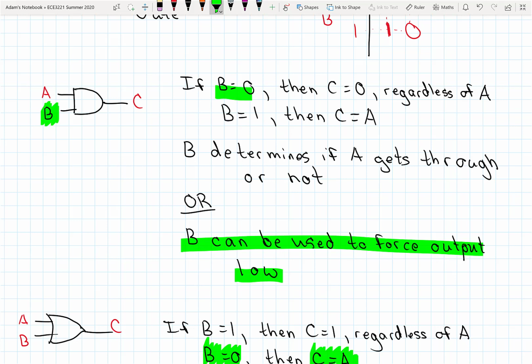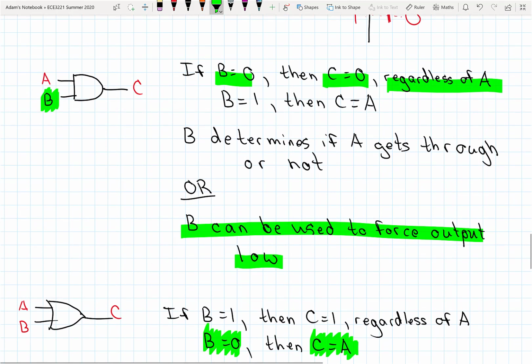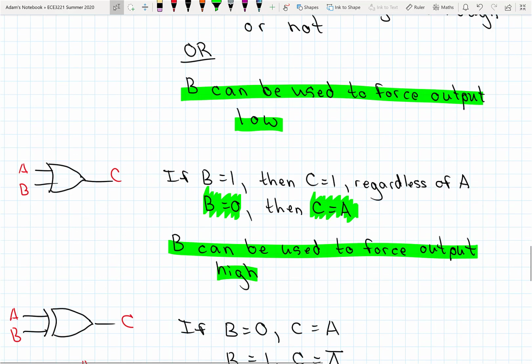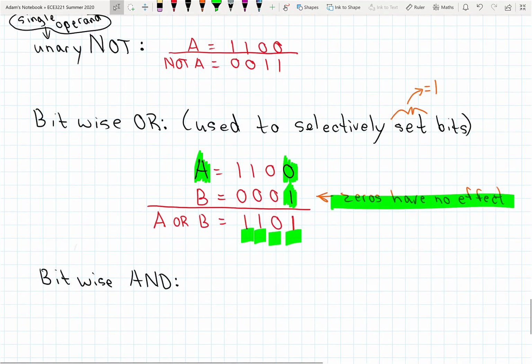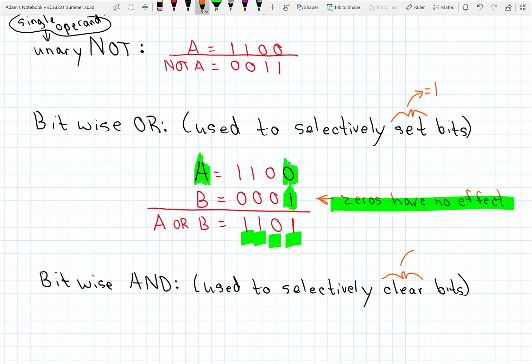When we put a 0 on the B, the output is low, regardless of what is on A. So we can force the output to go low, independent of what's happening on A. So another way of putting this might be that a bitwise AND operation can be used to selectively clear bits. Clear meaning set equal to 0.